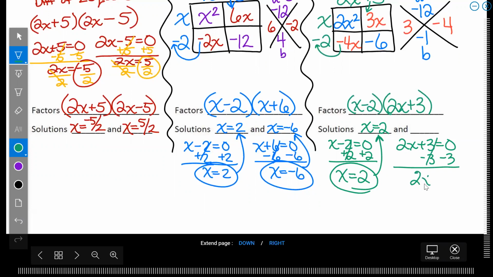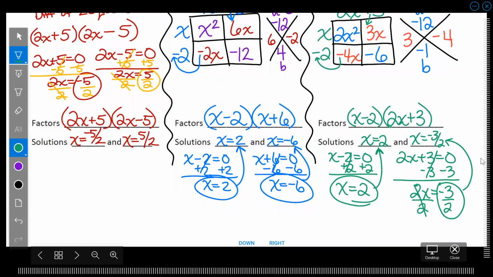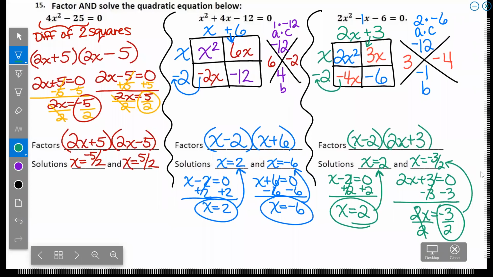So 2x equals negative 3. Divide both sides by 2. And x equals negative 3 over 2. What would negative 3 over 2 be as a decimal? Negative 1.5. Absolutely correct.